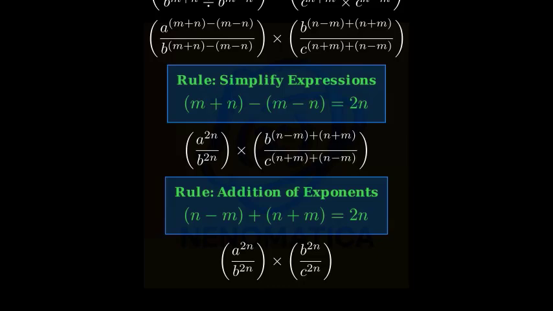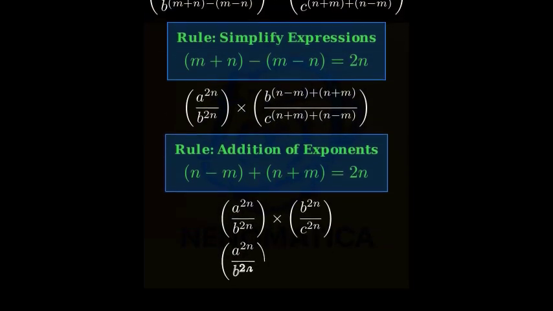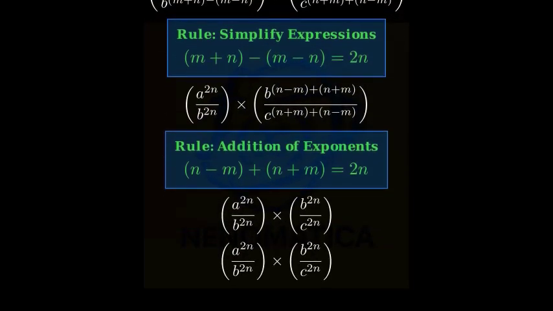This simplifies to b to the power of 2n. Similarly, in the denominator, we have c to the power of n plus m plus n minus m, which also simplifies to c to the power of 2n. Now, we have a simpler expression. The first fraction is a to the power of 2n divided by b to the power of 2n. The second fraction is b to the power of 2n divided by c to the power of 2n.